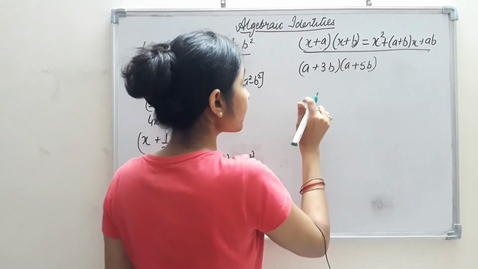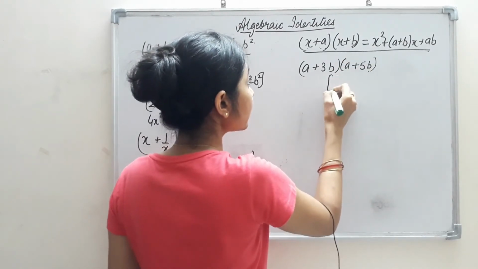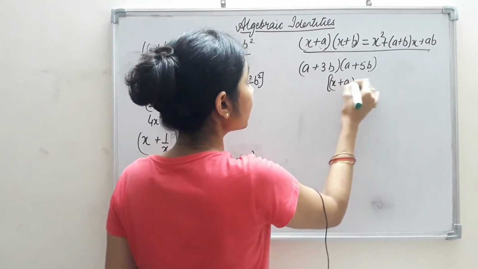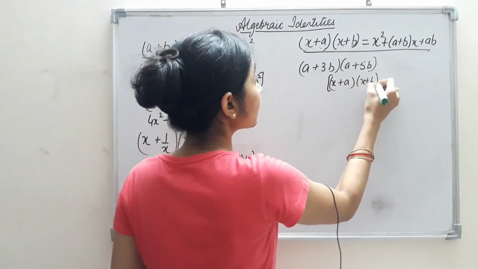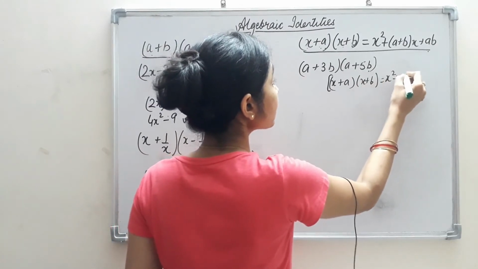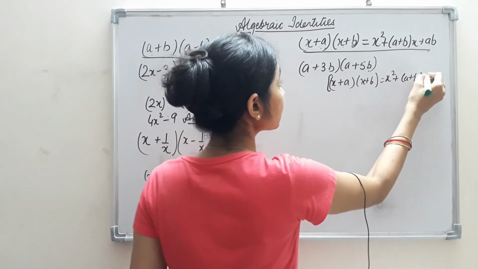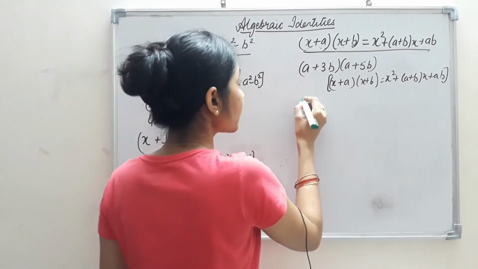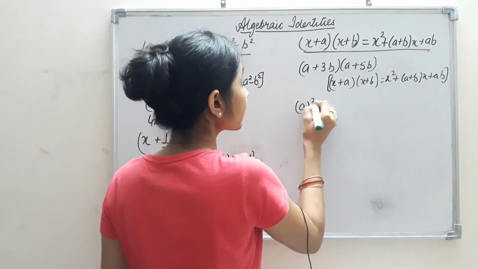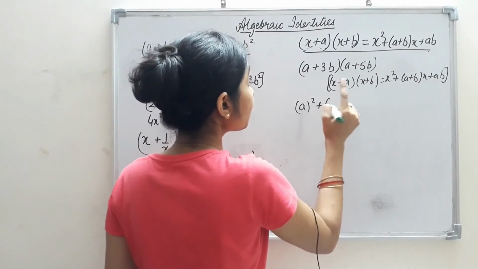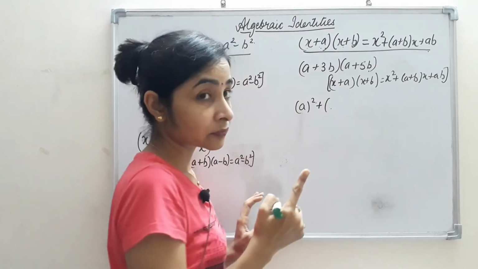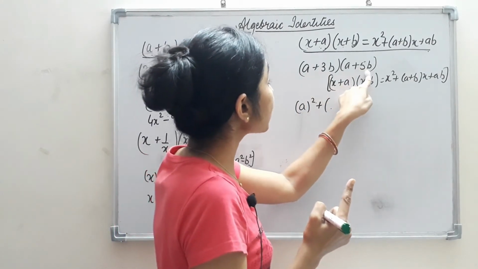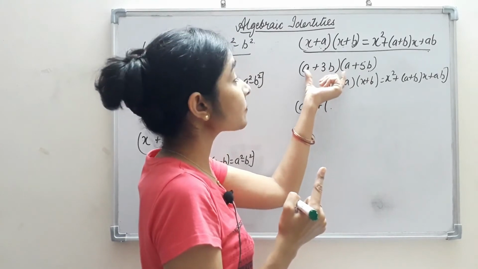So our answer should come in the form of x square. We will just write the identity here, that (x plus a) multiplied by (x plus b) gives us x square plus (a plus b)x plus ab. So here, first we will get a square, plus (a plus b) times the first term, that means this plus this multiplied by the first term.